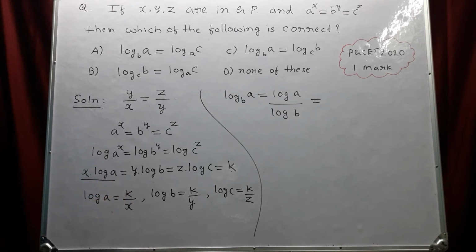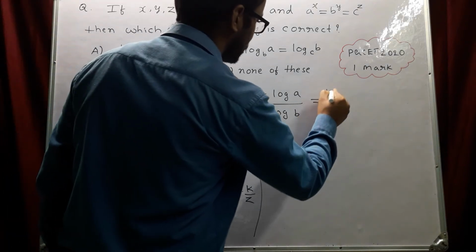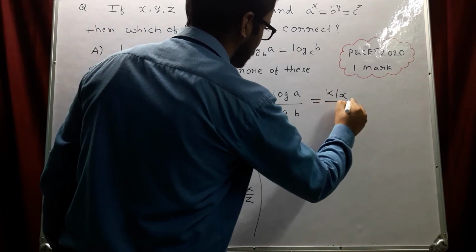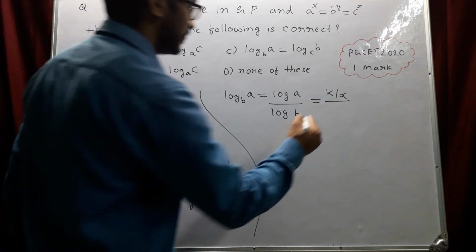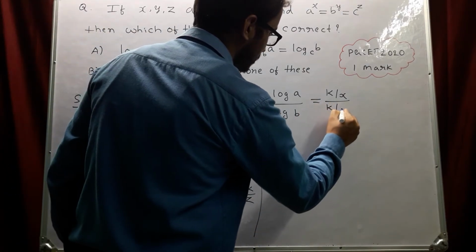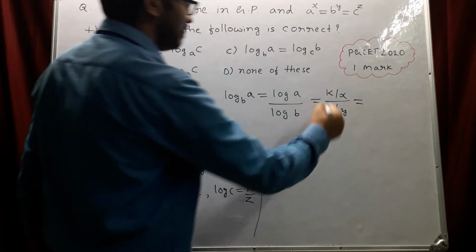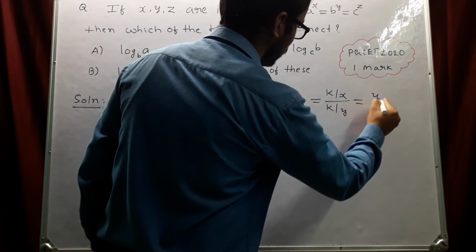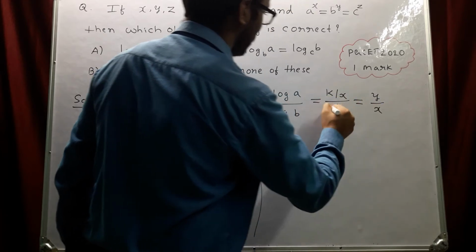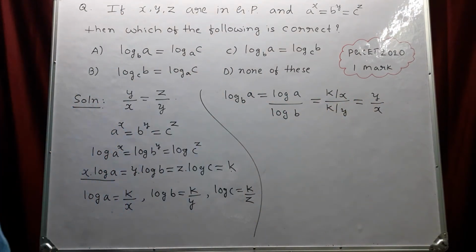Log a means k by x, by log b. Log b value is k by y. If you simplify, k will get cancelled, and you will get y by x.